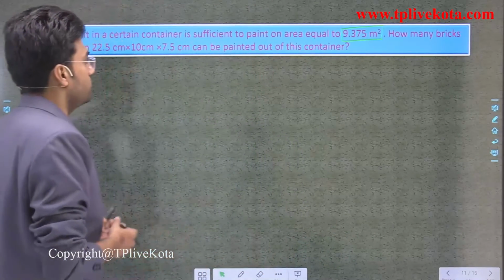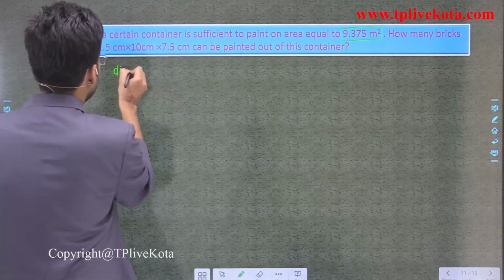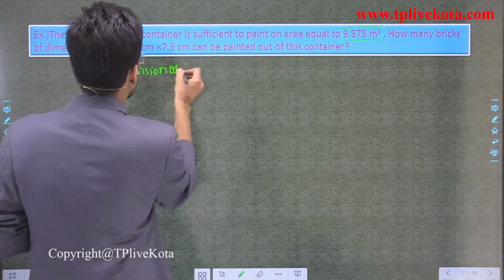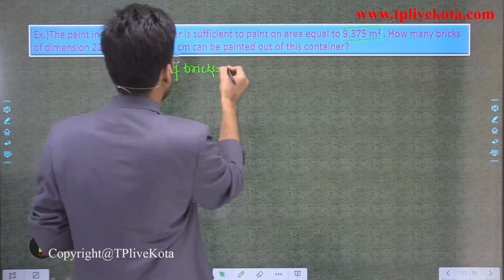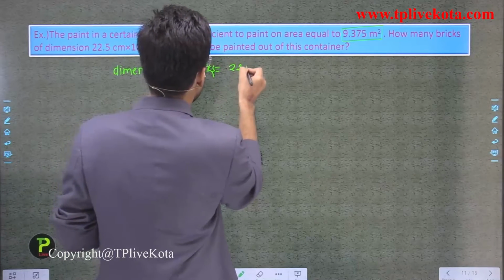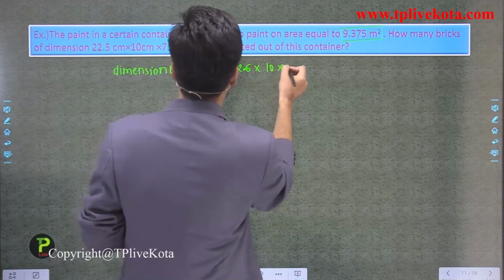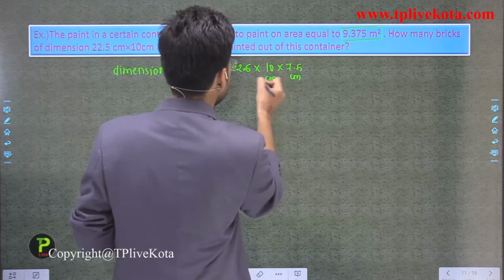Okay, so students, first of all, the dimension of the bricks is equal to what? It is 22.5 multiplied by 10 multiplied by 7.5, and all are in centimeter.